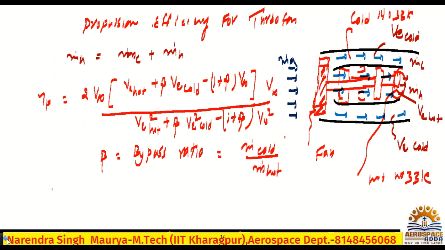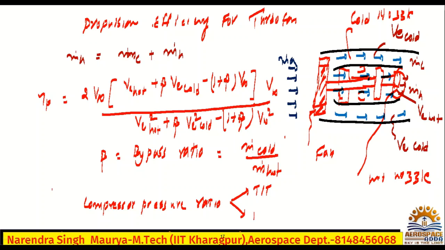Yes or no? So if you change the compressor pressure ratio, one more thing I will write, compressor pressure ratio. If you change this, two effects you may get: TIT, which is called turbine inlet temperature, and thrust. In two places you will get the difference. In thrust and turbine inlet temperature, if you increase the compressor pressure ratio.